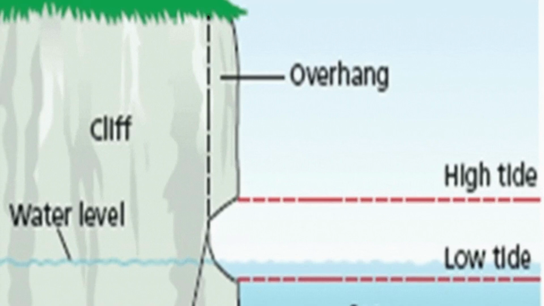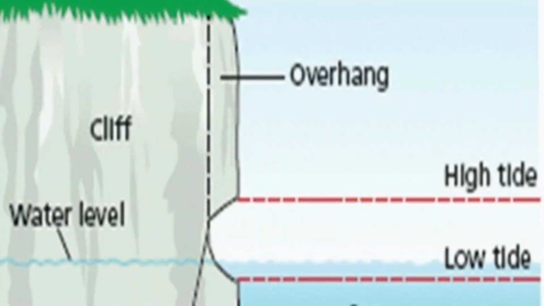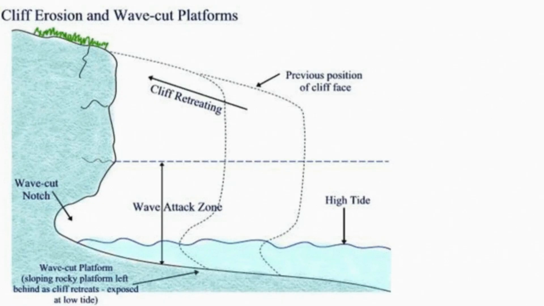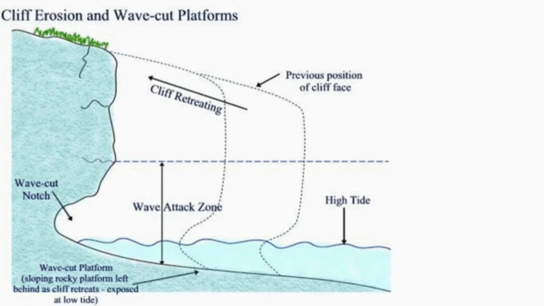This results in the formation of a wave-cut notch. Over time, the notch gets bigger and bigger until an overhang is created.